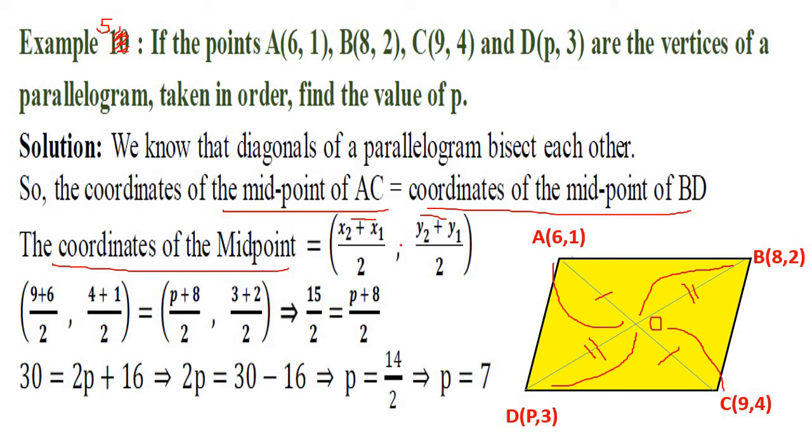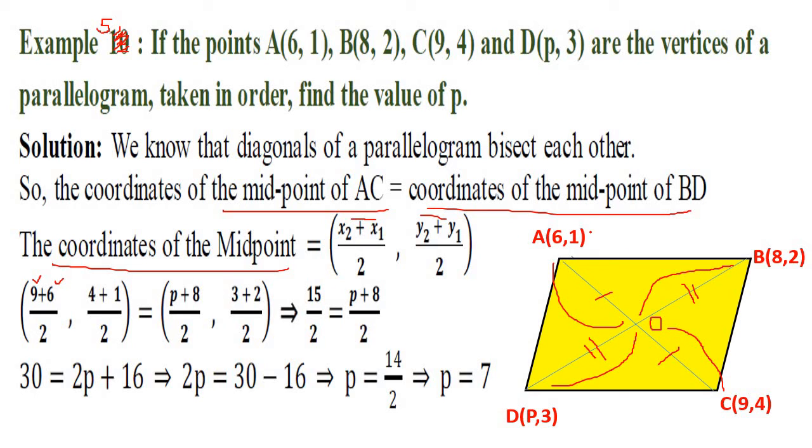Let us substitute the coordinates for AC. So 6 is the x1, so this is x1, y1. This is x2, y2. So x2 for the coordinate AC is 9 and x1 is 6.